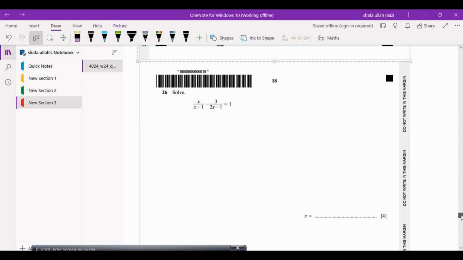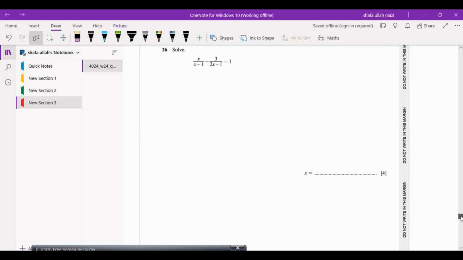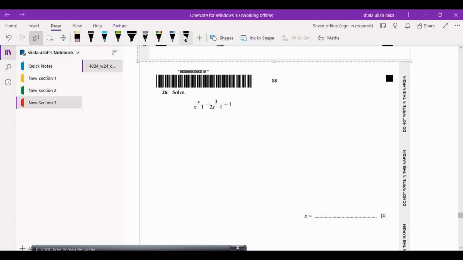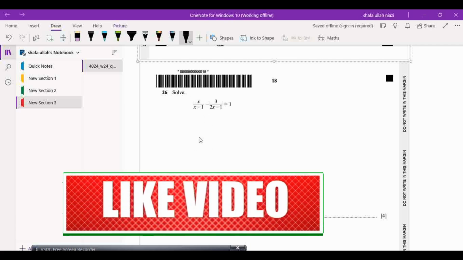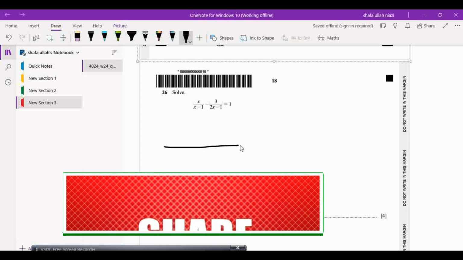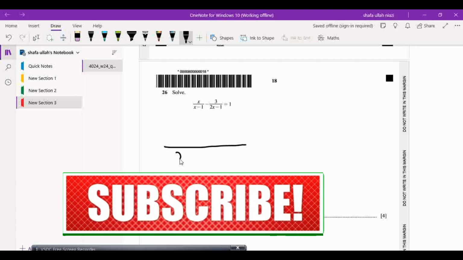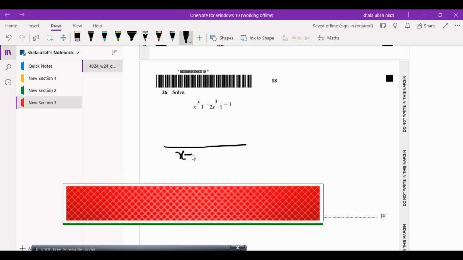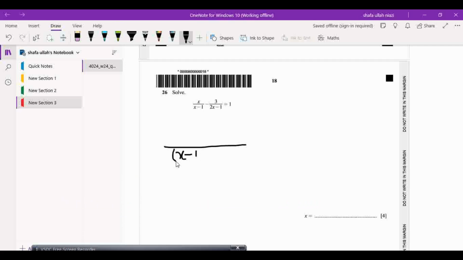Next is the 6th question, we have to solve this equation. First of all, we have to simplify these 2 fractions. We have to convert into a single fraction. So we take the LCM. LCM is just the product of x minus 1 and 2x minus 1. We write x minus 1 times 2x minus 1, and this x will be multiplied by 2x minus 1.